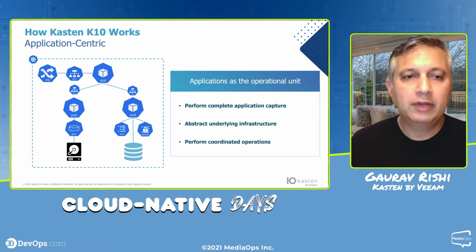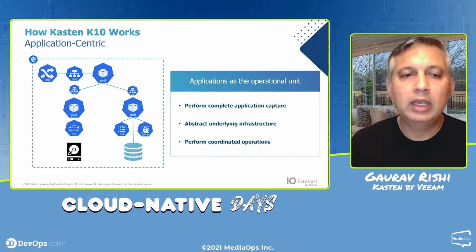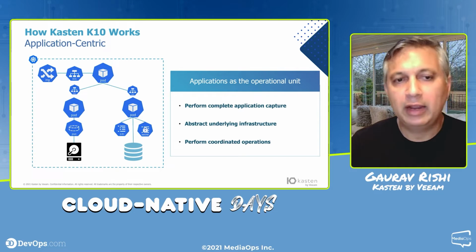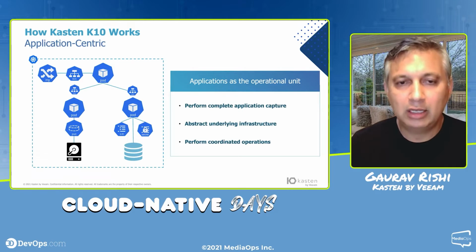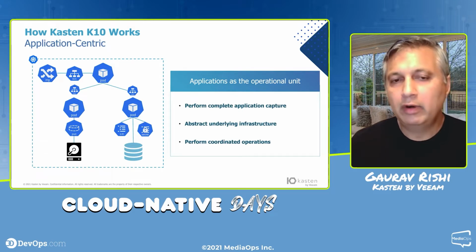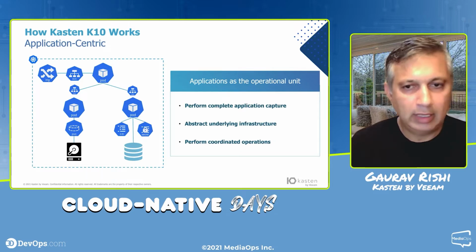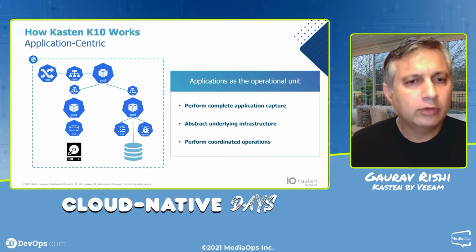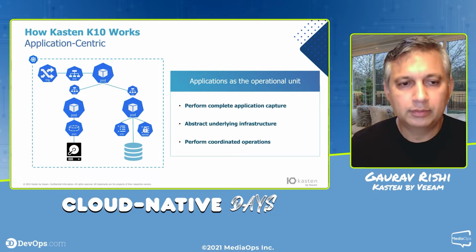So there are a lot of times where you need to make sure microservice 2 comes up only after microservice 1 has been rehydrated. You can specify all of this through easy-to-use extensible blueprints that Casting K10 has already created for a variety of commonly occurring applications and data services like Amazon RDS or Postgres. But we also allow you as an enterprise or as a partner to extend those.